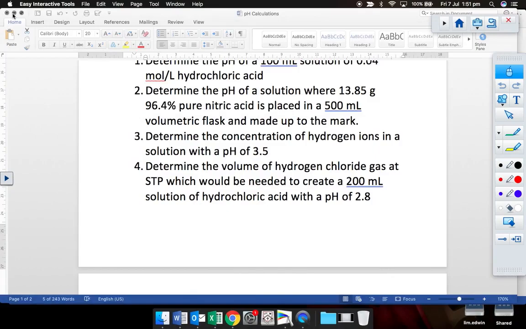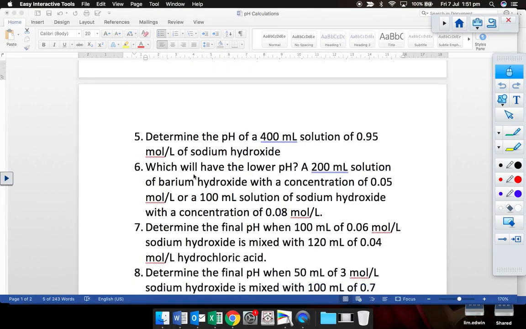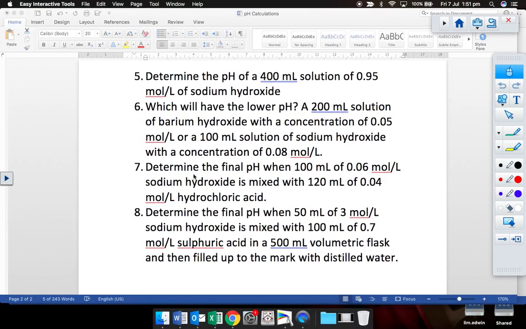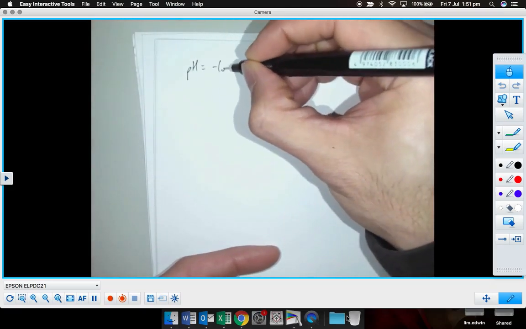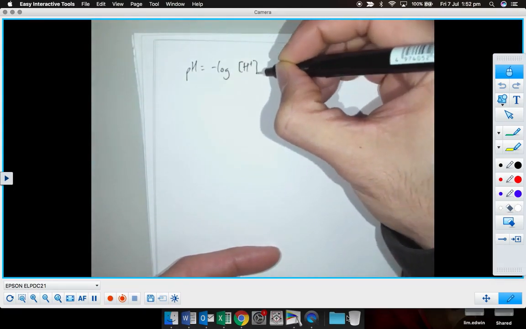The next question is, determine the pH of a 400 ml solution of 0.95 moles per liter sodium hydroxide. So this is our first example of working out the pH of a base. To work out the pH of a base, you still need to do pH is equal to negative log H plus.